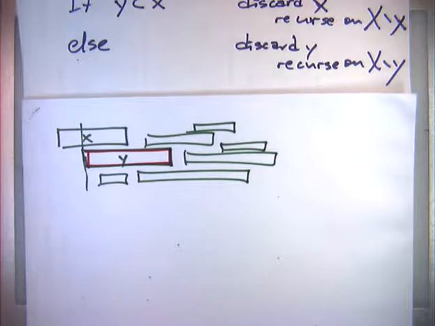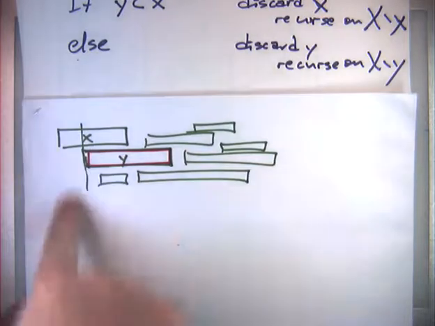Well, then that schedule must exclude every class that conflicts with Y. But that means that it must also exclude every class that conflicts with X. Now, in principle, there might be classes that conflict with X but not Y, but those don't exist because nothing starts between the beginning of X and the beginning of Y. There are no classes that conflict with just this little window.